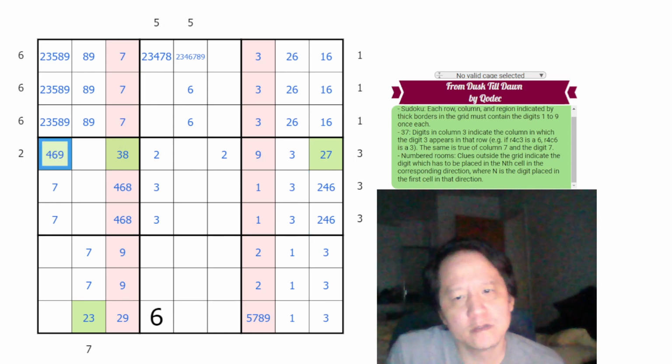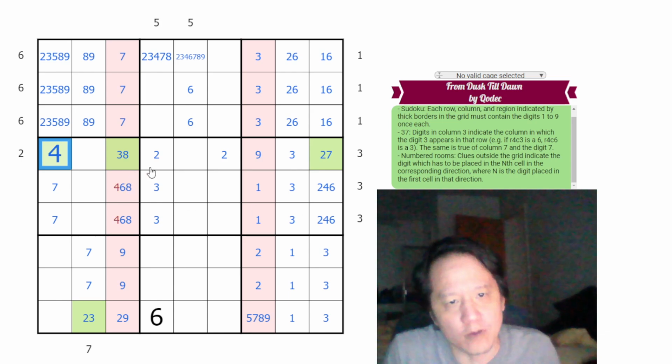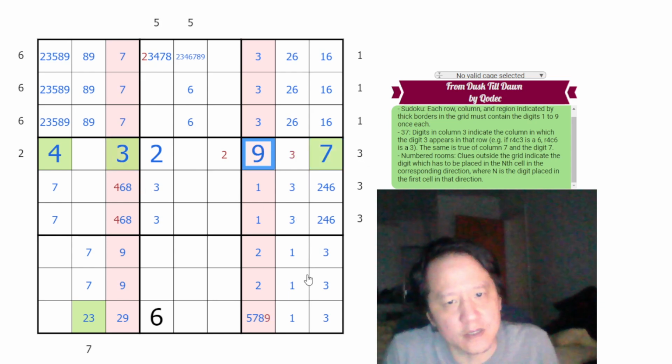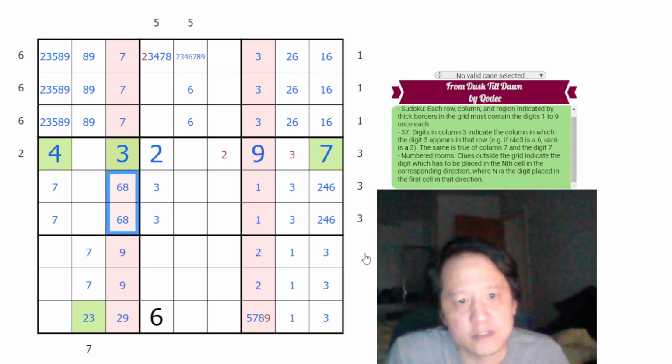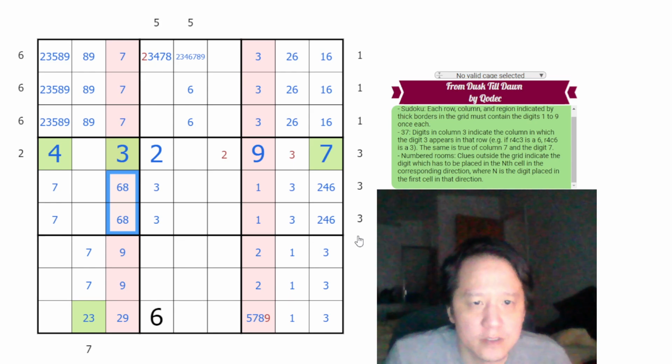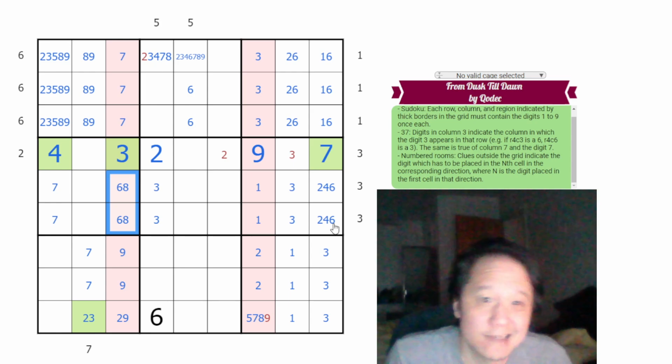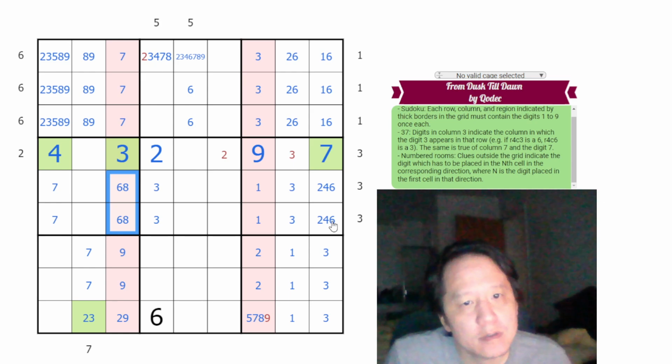Okay, so let's say the 4 route, right? 4, 2, this is 3, this is 7, this is 9. That means this has to be 6 or 8, right? Does that tell us anything? Don't know. This is 9.